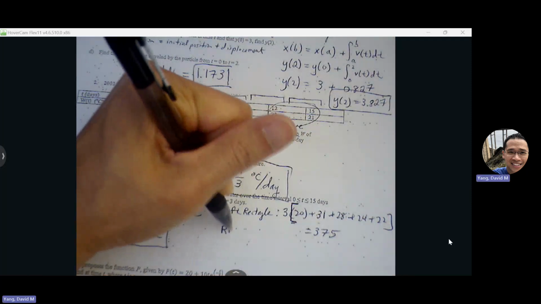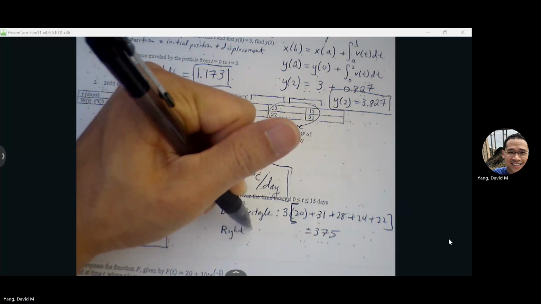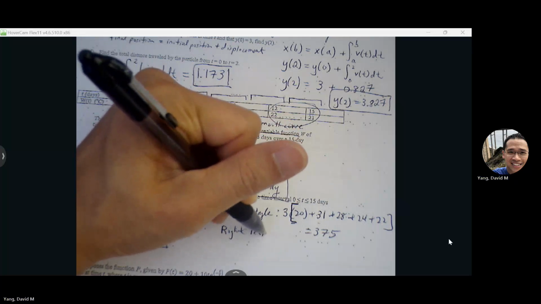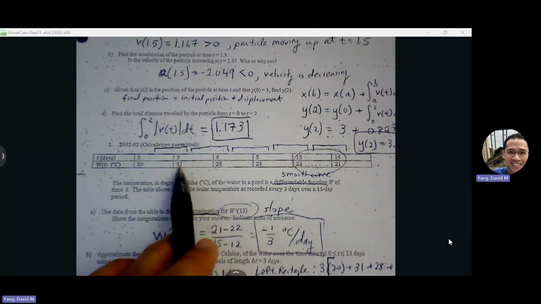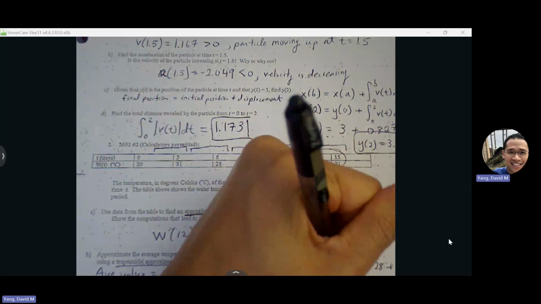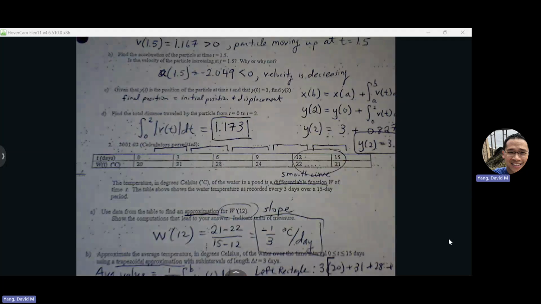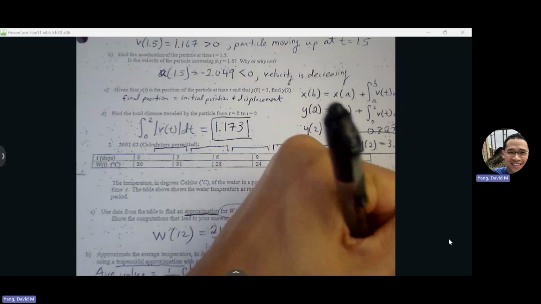Okay, let's do right rectangles. Right rectangles means for every subinterval I want to choose the height on the right. So I'll start with 31, and I'll add up all the y values all the way to the end.